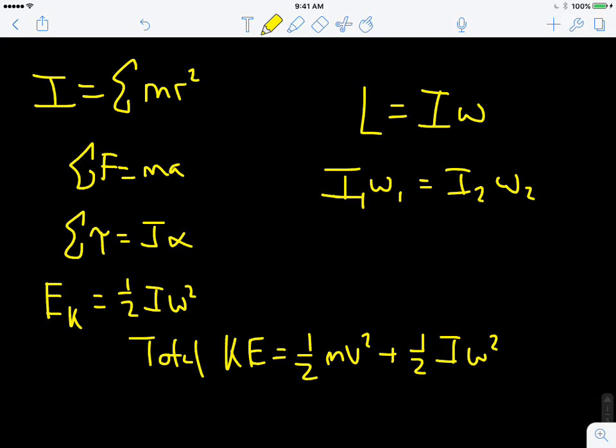Just like you could set up M1V1 plus M2V2 before equals the same after. So if you have a figure skater bringing their arms inward, their moment of inertia goes down, so their angular velocity goes up.